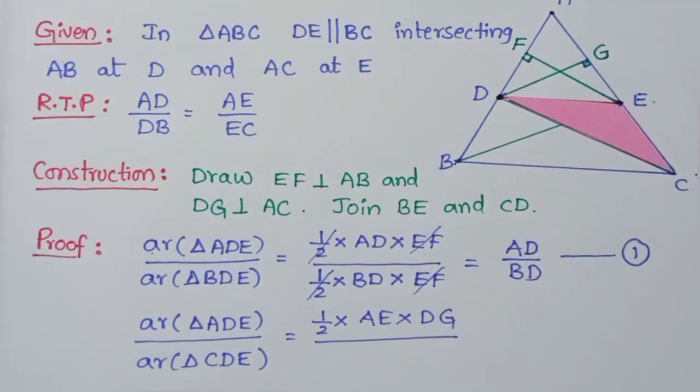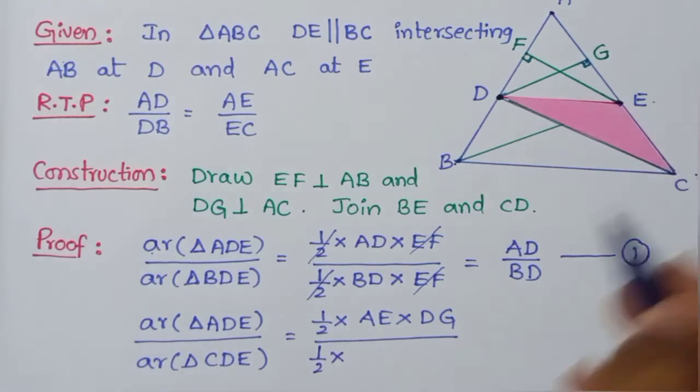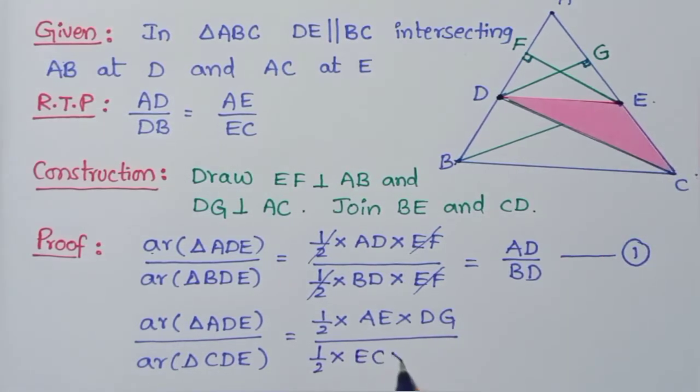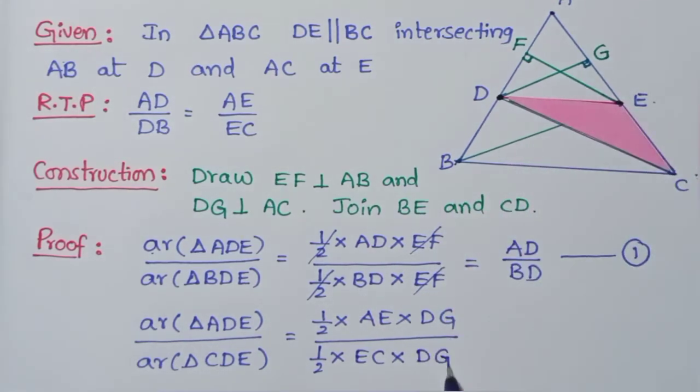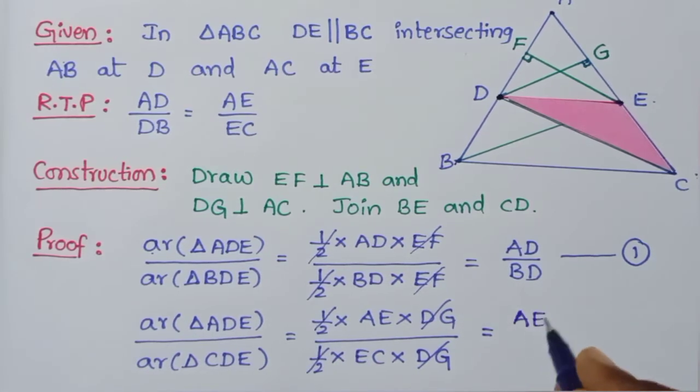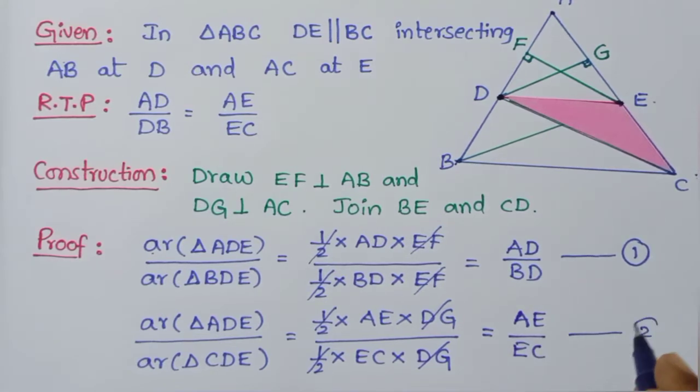So here we have to write half into base EC into height DG. Here also DG and DG can be cancelled, half and half can be cancelled, and this ratio becomes AE by EC. It will be the equation number 2.